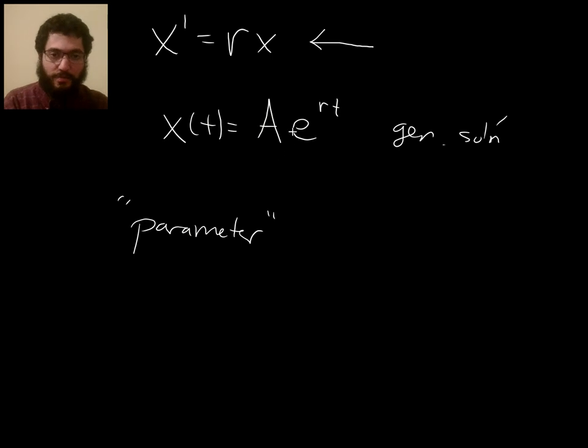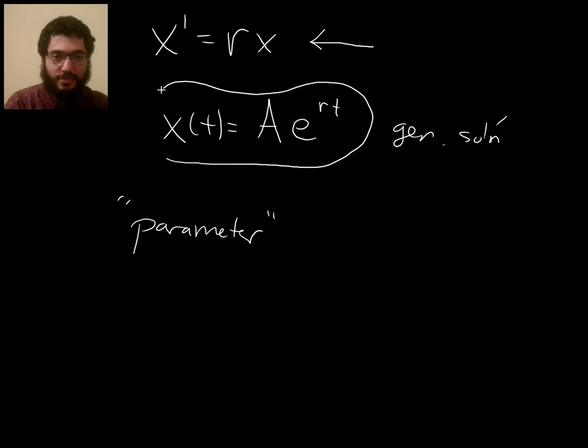And then you might call a a parameter because it parameterizes the family of solutions to a given one of these. So pick r, get a differential equation. Pick a, get a particular solution to that differential equation. Because there are two things to pick, we say that there are two parameters. So this is a two-parameter family of functions.